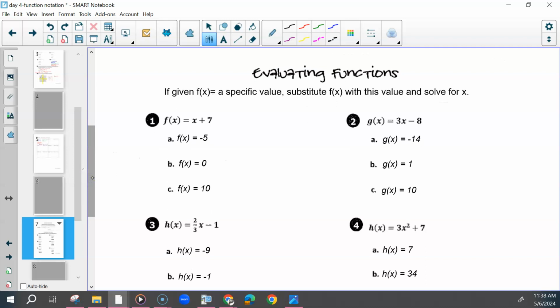So here, if I have f of x equals -5, this is my y value. If you want, you could rewrite this into y equals, so it just makes your life easier. And then for each problem, each part, you're going to substitute the y value and you're going to solve for x. How would I do that in this case?